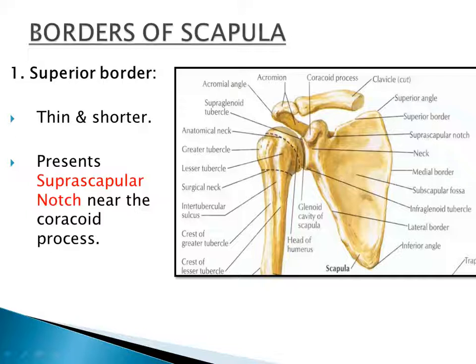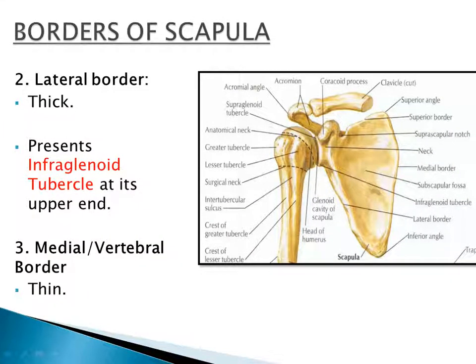On the lateral side of the superior border, there is a notch which is called the suprascapular notch. It can be clearly seen in the image, just near the coracoid process of the scapula.